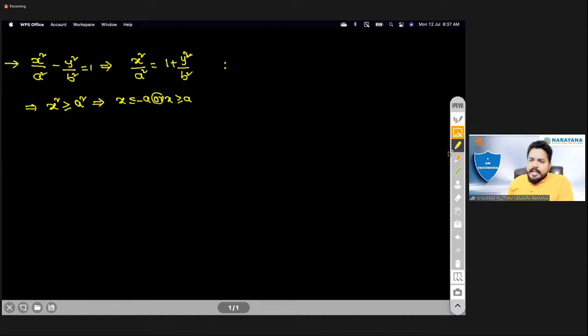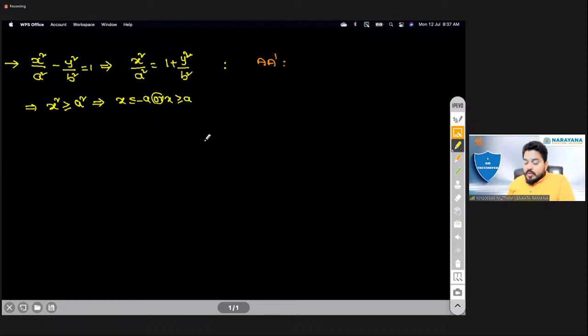Next point is here A comma A dash is known as the axis. What type of axis? Earlier there were major axis and minor axis. So here what do we call this one? This is called the transverse axis.